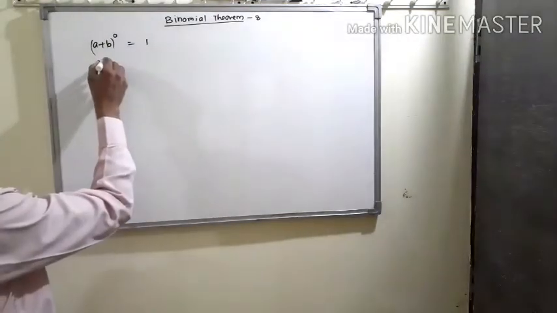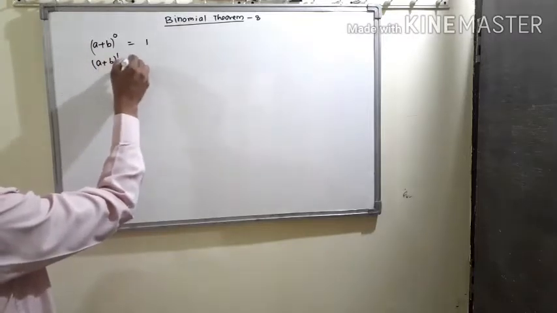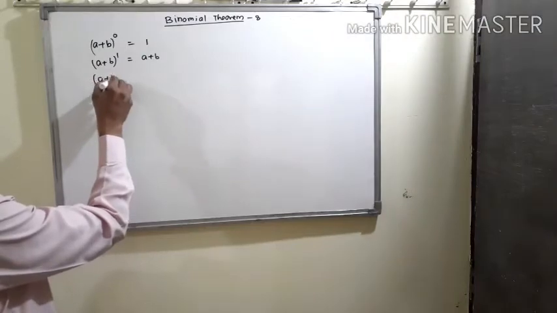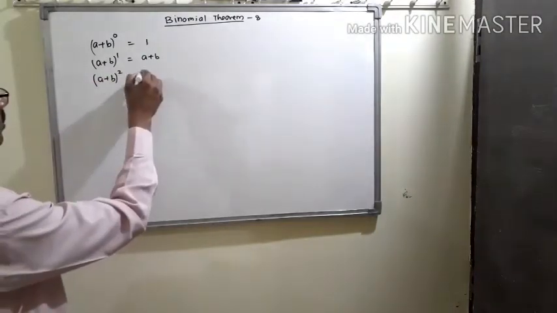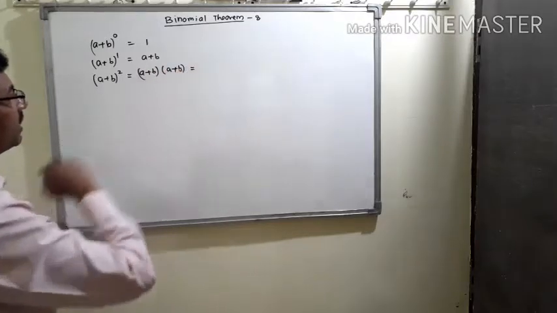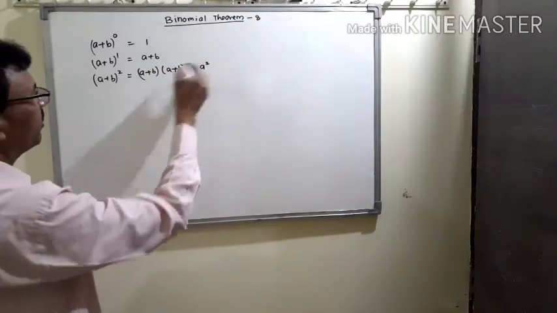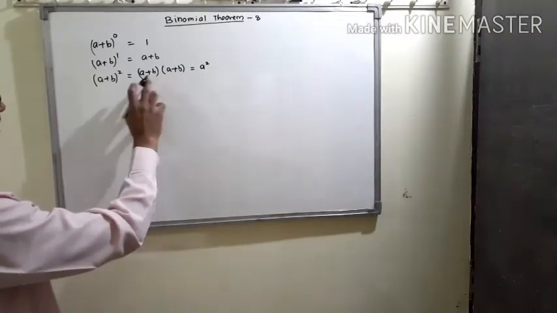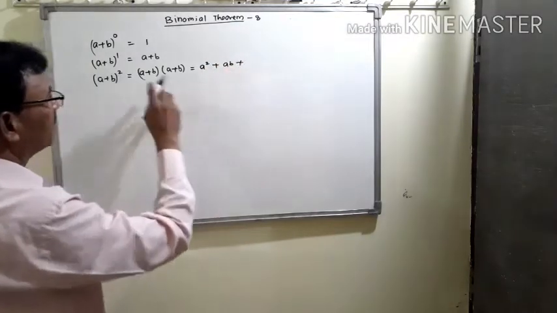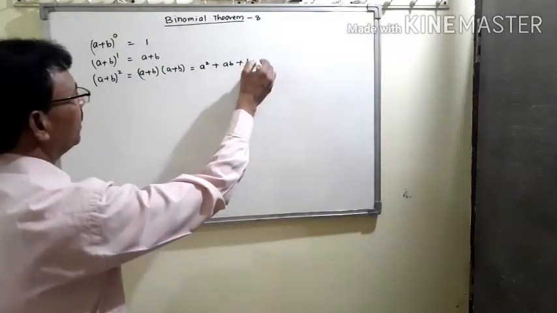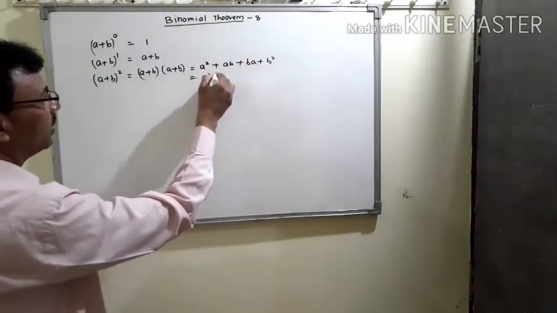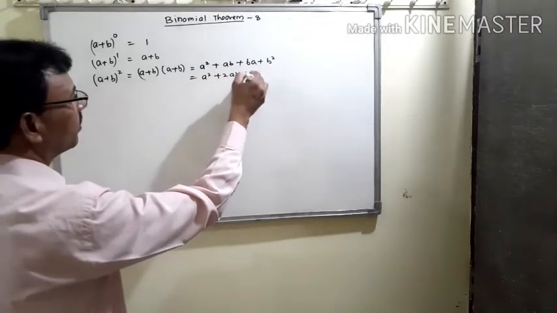But (a plus b)^1 equals a plus b. (a plus b) squared equals (a plus b) into (a plus b). If we multiply, this will be a square plus ab plus ba plus b square. This will be a square plus 2ab plus b square.